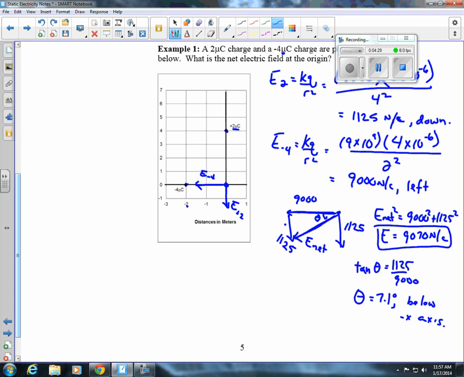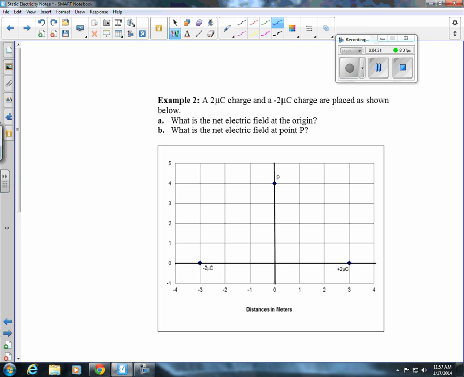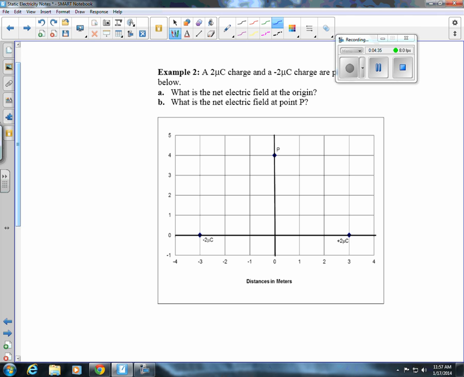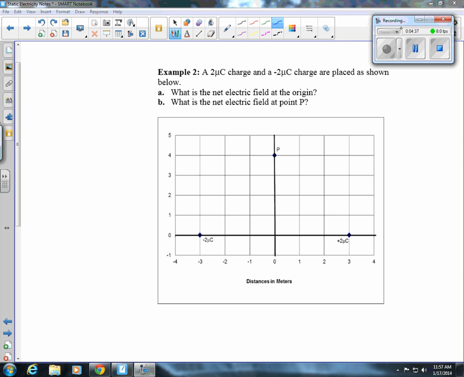Okay, at the top of the next page, we have our next example. Okay, so I have a +2 microcoulomb charge and a -2 microcoulomb charge, placed as shown, and I want to find the net electric field at the origin first. We'll do that over here. Okay. So at the origin, I have to think about what's happening.